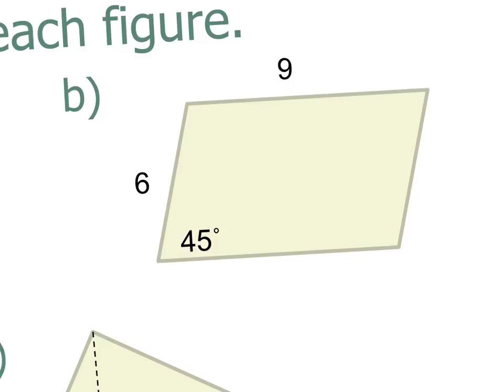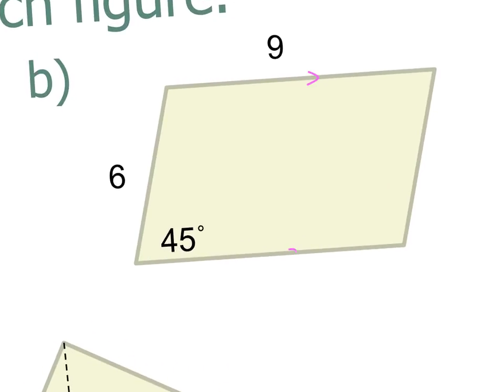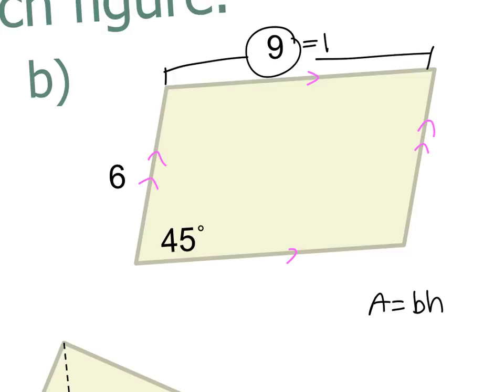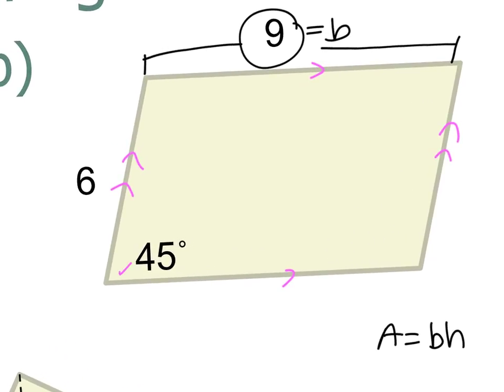Okay, B, what shape? Well, it's missing the little markings, but it should be a parallelogram. So again, I know area is base times height. The base, this time the 9's on top, that 9 is floating in the middle, so I know this is the whole base. It gives me this angle here is 45.